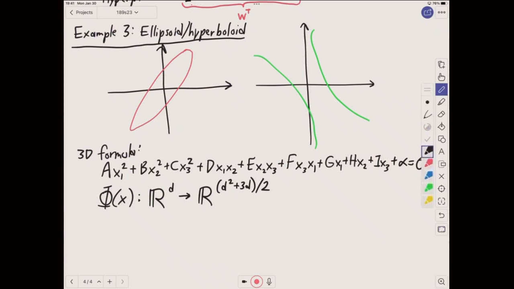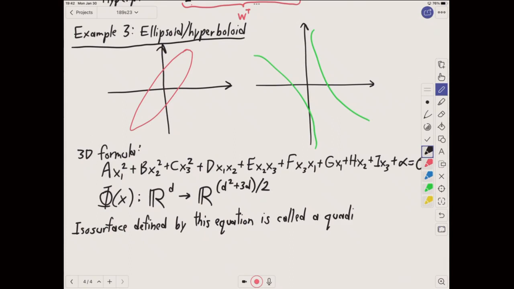So there's a name for the isosurface. Any isosurface of a general degree 2 equation is called a quadric. So a quadric is an isosurface of a quadratic function. In the special case of 2 dimensions, it's also known as a conic section.